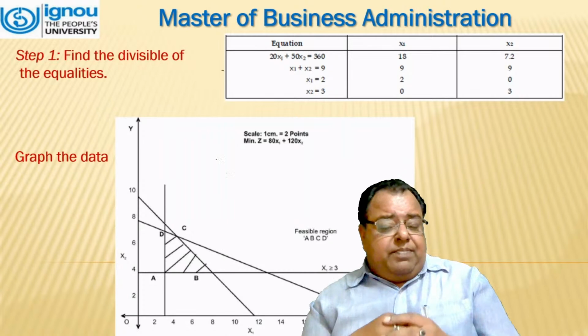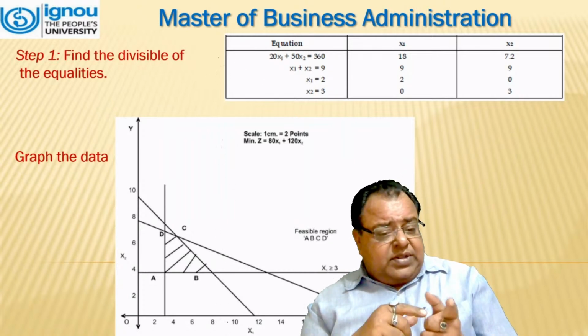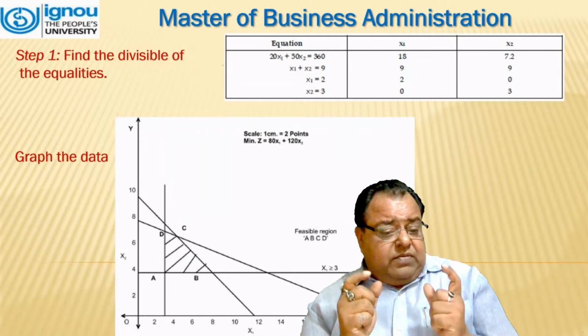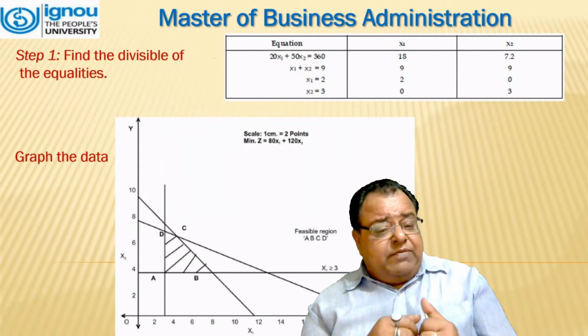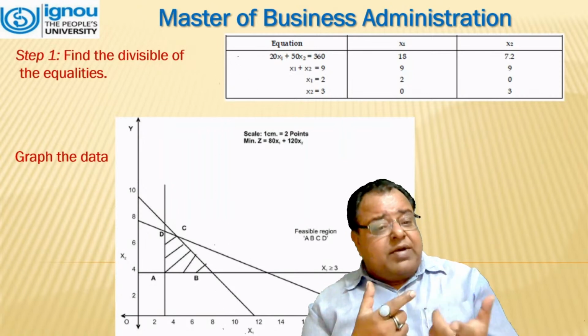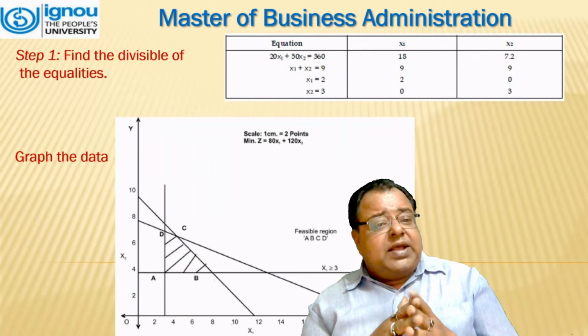Now, plotting these equations on the graph, we can find the common region, which is the feasible region, A, B, C and D. So we will be finding their coordinates by simply solving them simultaneously. How to solve two linear equations simultaneously?